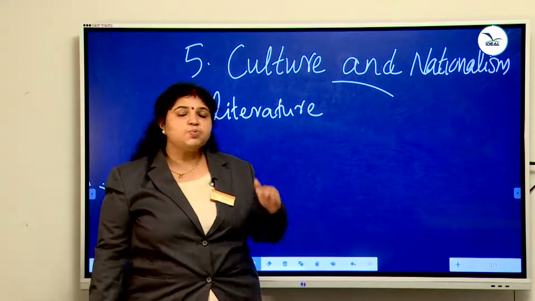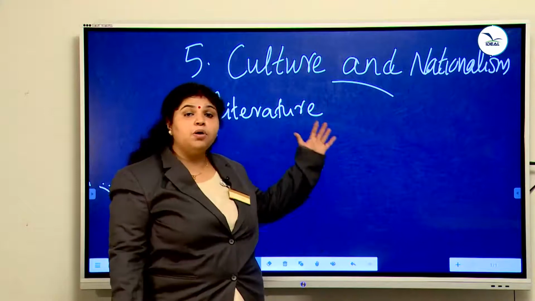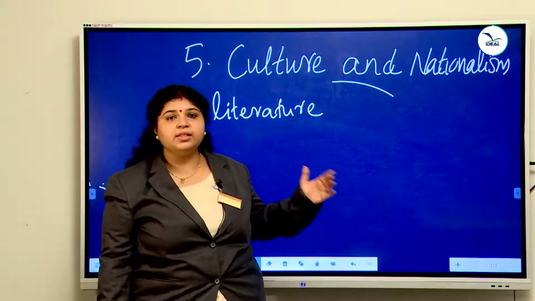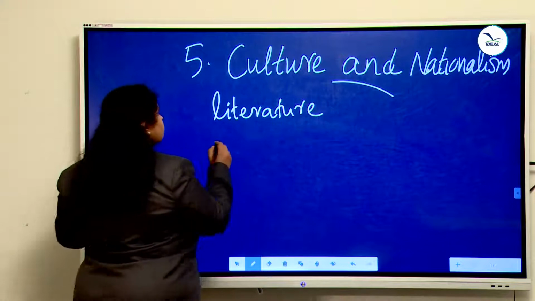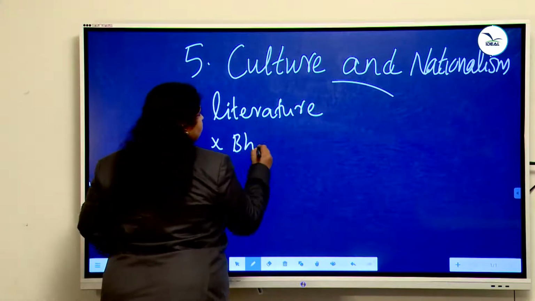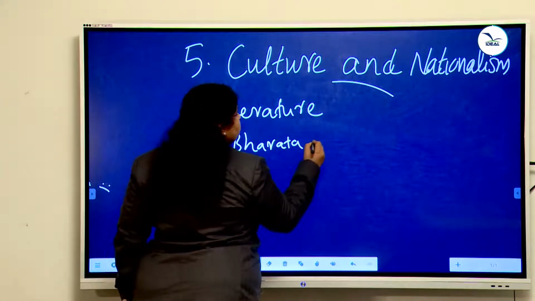Okay. Next, we want to learn about some of the important literary works during the freedom time. First is the concept of Bharat Mata. So this part we are going to learn about.